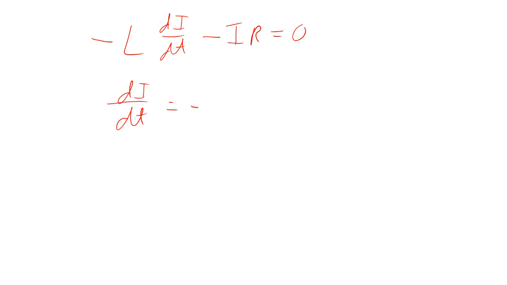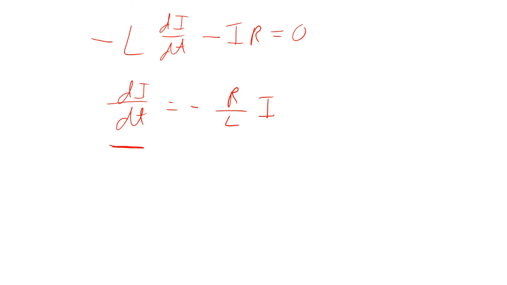The EMF on the inductor is minus L di dt. So minus L di dt minus IR equals 0. With a little bit of algebra, we find that di dt equals minus R over L times I.